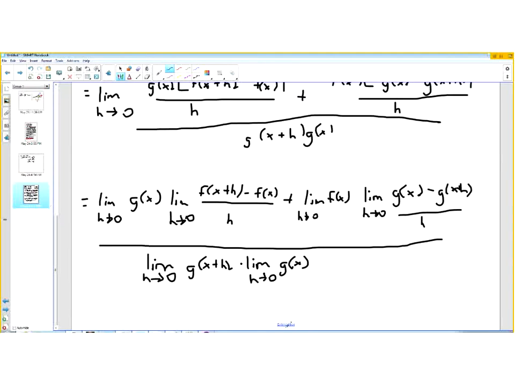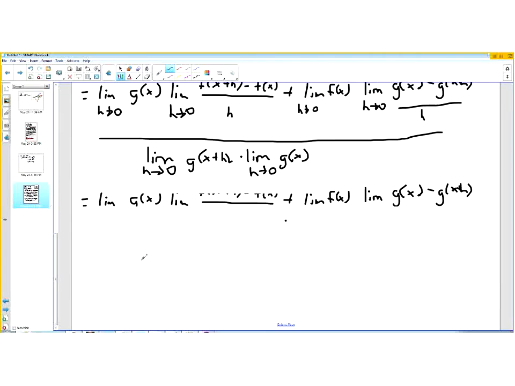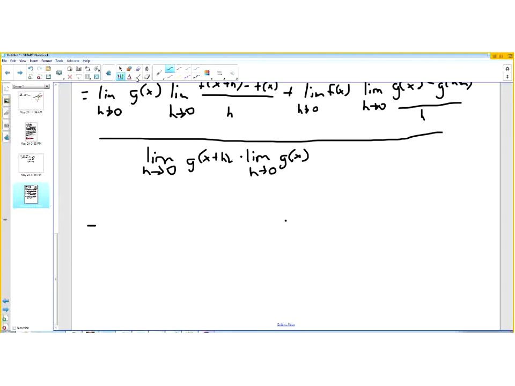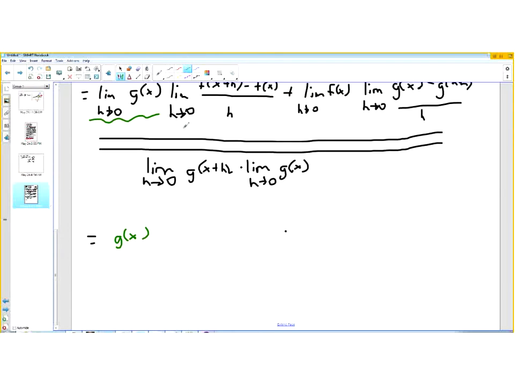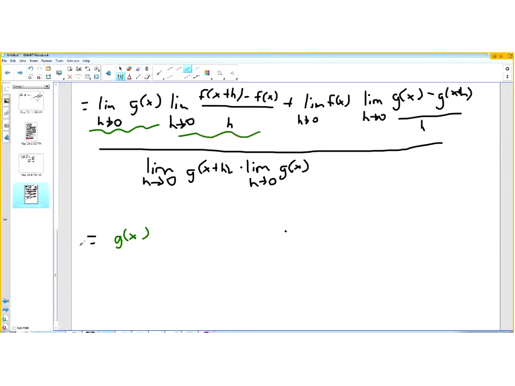Okay, so now we just need to clean up this expression. We know this term evaluates to g of x, as per the previous discussion. This term is the definition of the derivative of f. And we have plus, and this term is f of x.